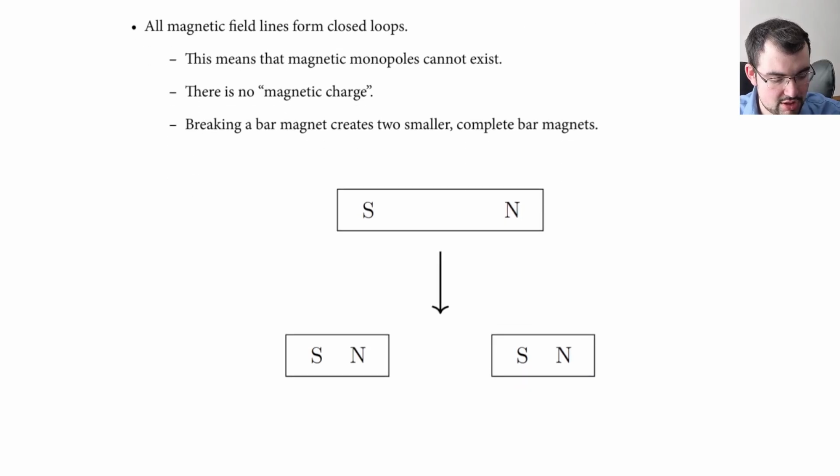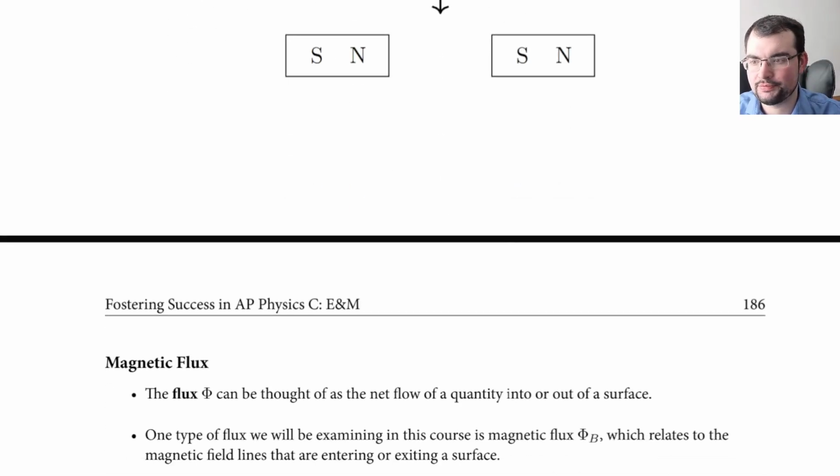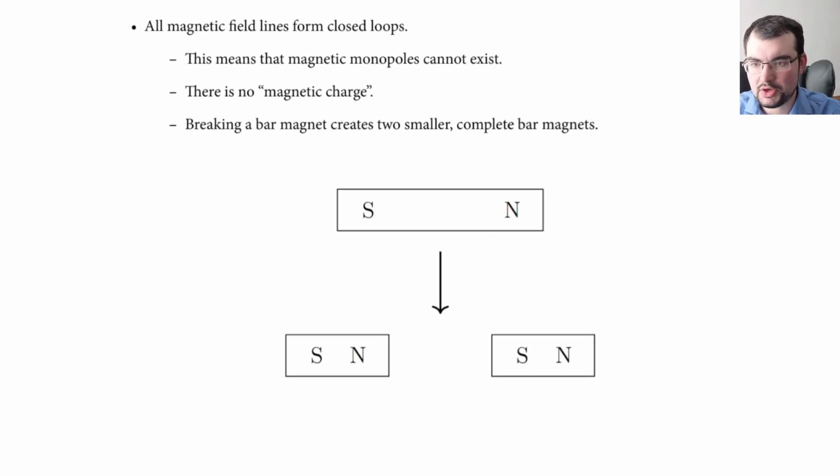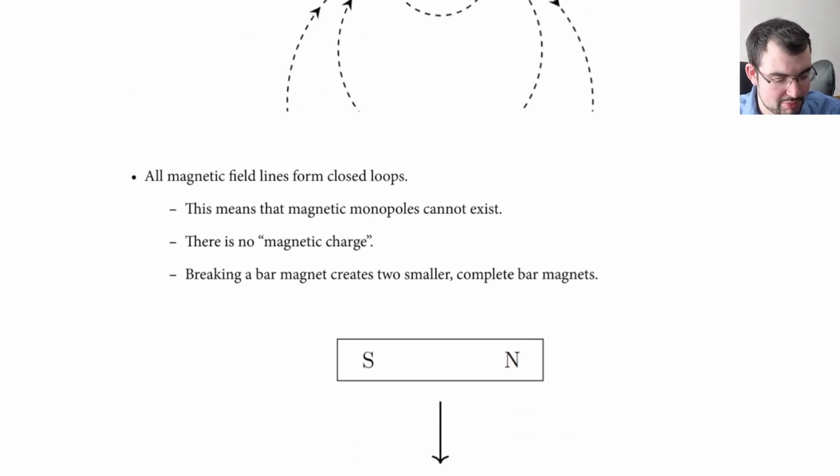So this is just a property. This is just how magnets behave. We have been searching for monopoles forever and have yet to find them. So this is a property of our universe, that you cannot isolate a magnet pole like you could with a positive charge or a negative charge. So these are our two sort of main properties.